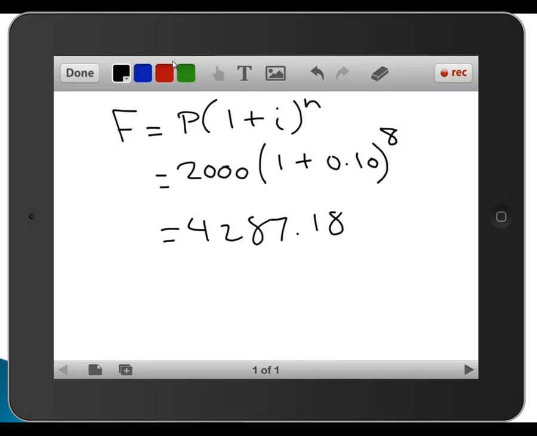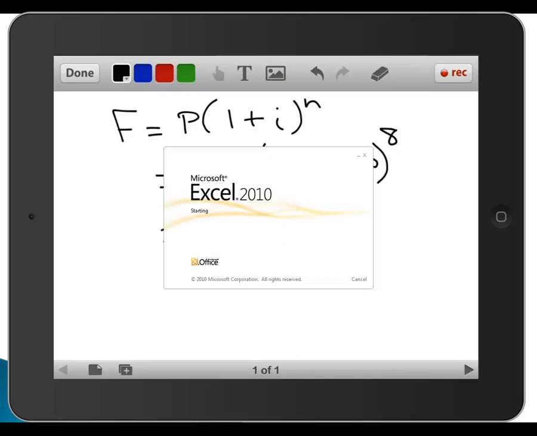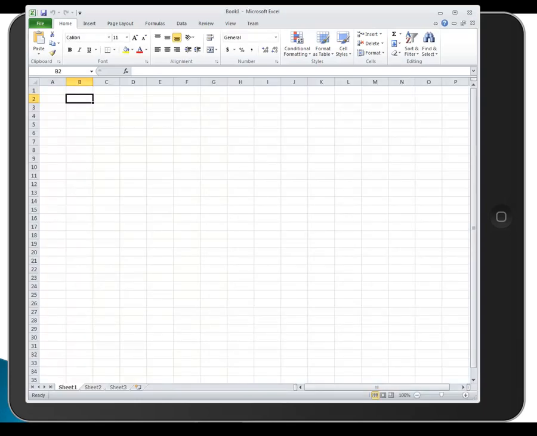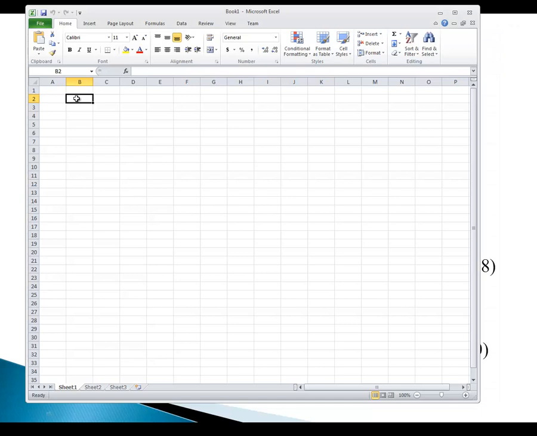The second method that we talked about is the Excel sheet. In the Excel sheet we have P, which is equal to 2000, i, which is equal to 10% or 0.1, and n, which is equal to 8 years.